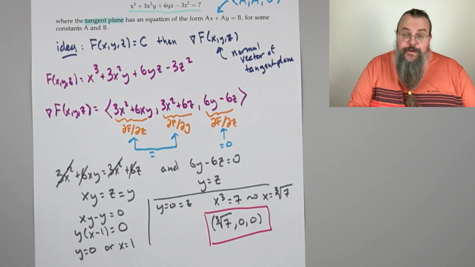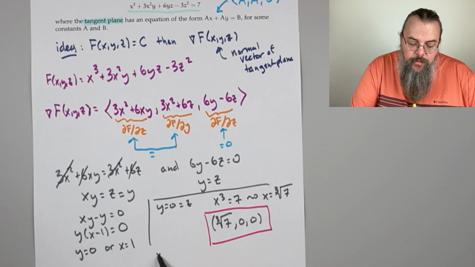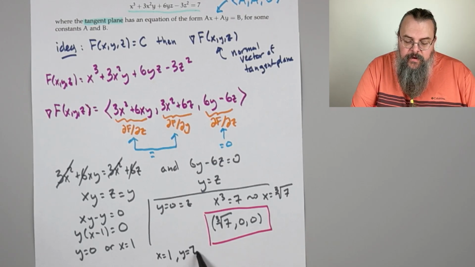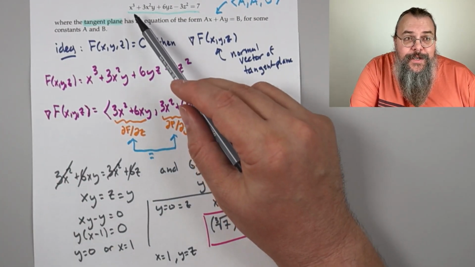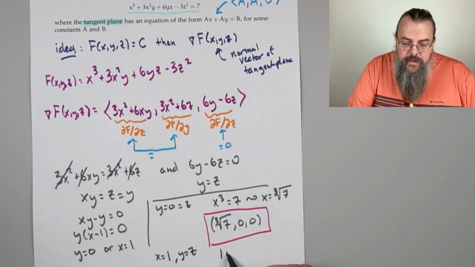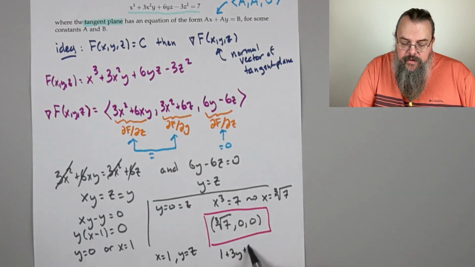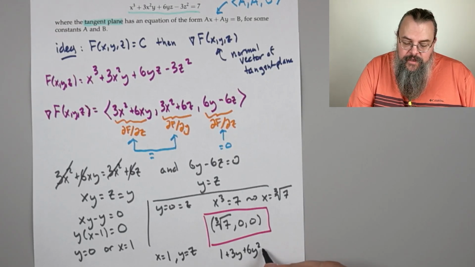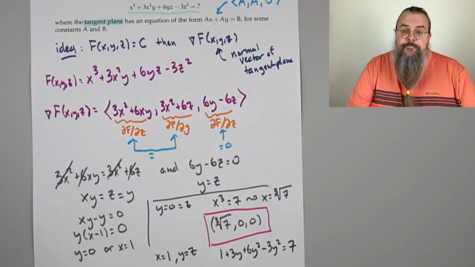And what about our other case? Well, for our other case, we say, okay, we know x equals 1, and we also know that y equals z. So let's come up here. So x equals 1, so we're going to get 1 plus 3y plus, here we can think of it as 6y squared, because I can say y equals z, so I can replace z by y, minus 3y squared equals 7.